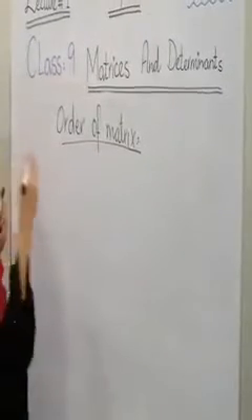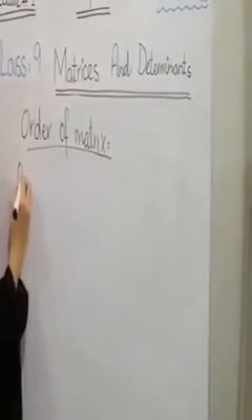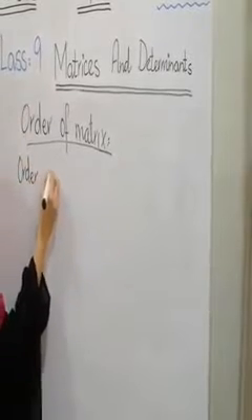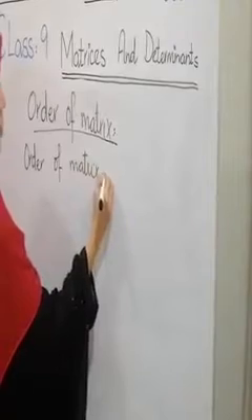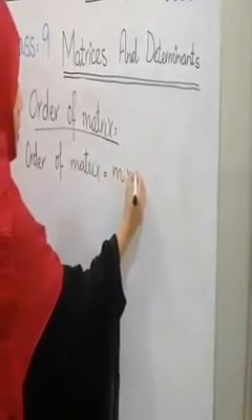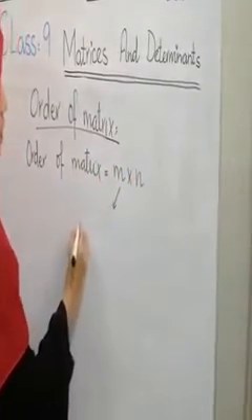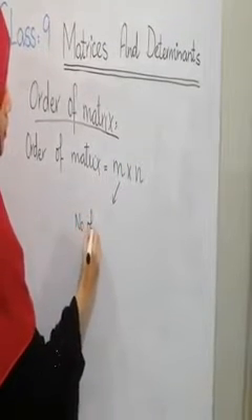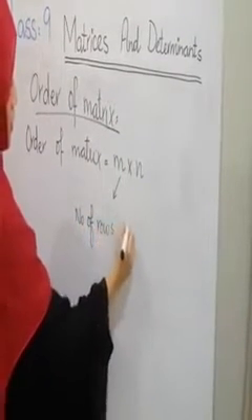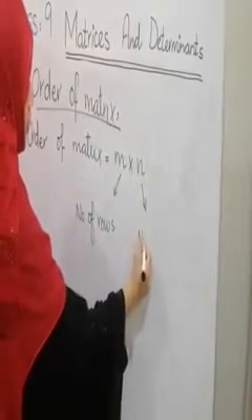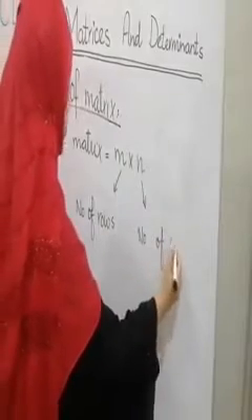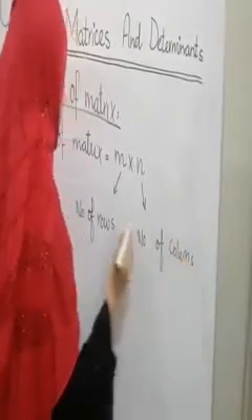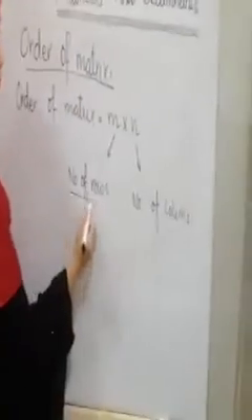Generally, we use a formula: order is equal to m by n, where m stands for the number of rows and n stands for the number of columns. Keep in mind that first we write the number of rows and then the number of columns.